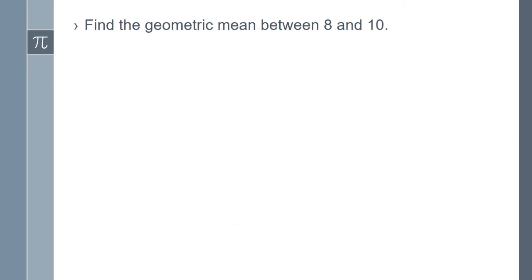All right, so first we want to find the geometric mean between 8 and 10. So it's going to be very simply 8 over x equals x over 10. We cross multiply, we end up with x squared equals 80. So we're going to take the square root of each side of this.